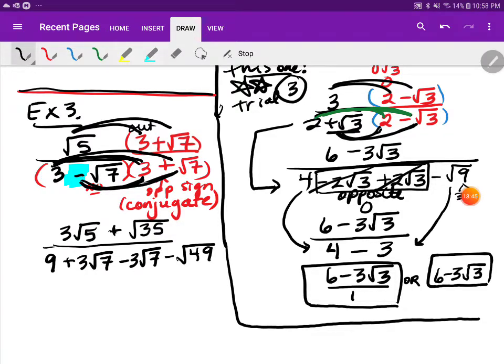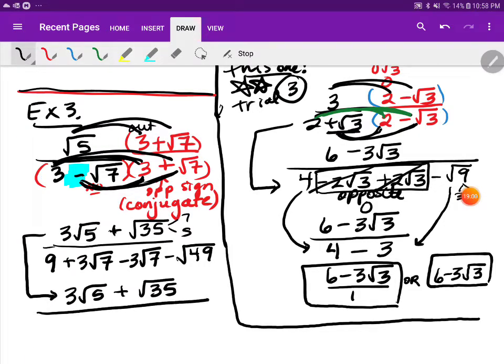Numerator, let's see. 3, 7 and 5. Anybody come out? Nope. So 3 rad 5 plus radical 35. And I'm really going numerator to numerator, and then denominator to denominator. So when you're following the work, sometimes it looks funny. It's hard to know what you're looking at, but you have to just be very careful. You can also work sideways, but usually if you work down in math, people get more right answers. Okay, so that's still a 9.